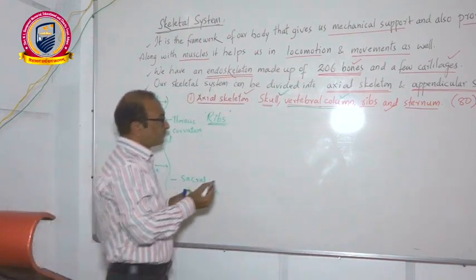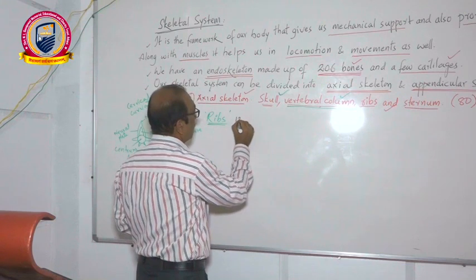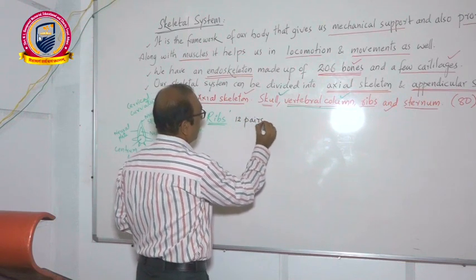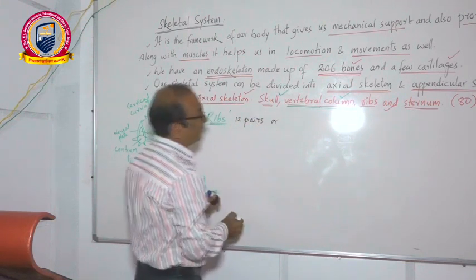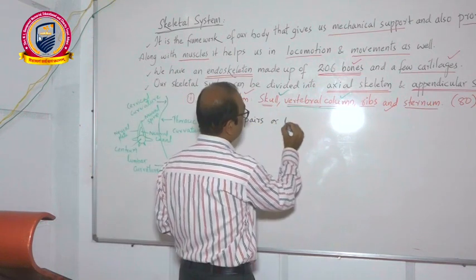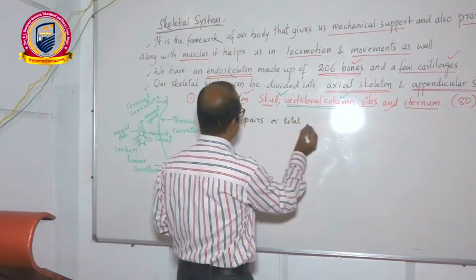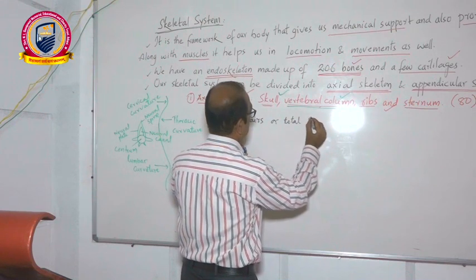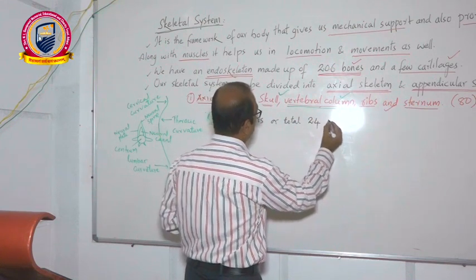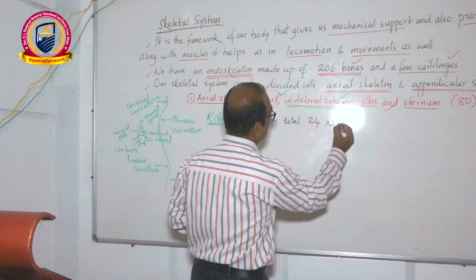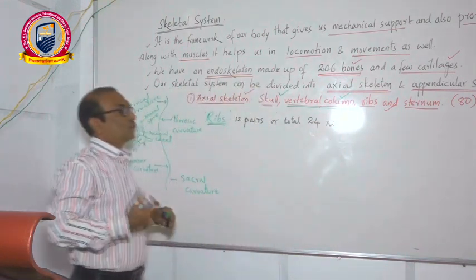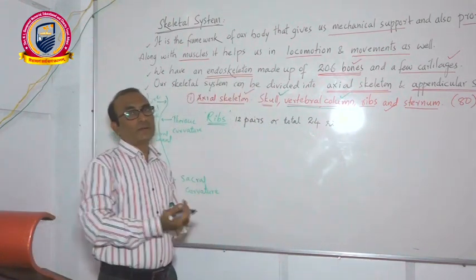So there are about 12 pairs, or 12 pairs means a total of 24 ribs we have. 12 on one side, 12 on the other side.